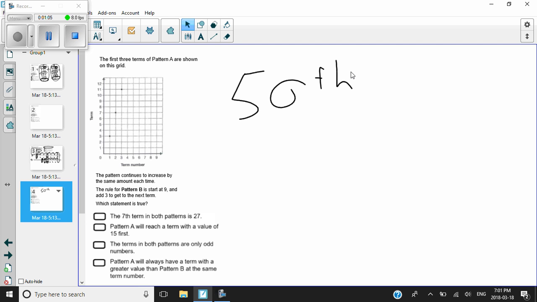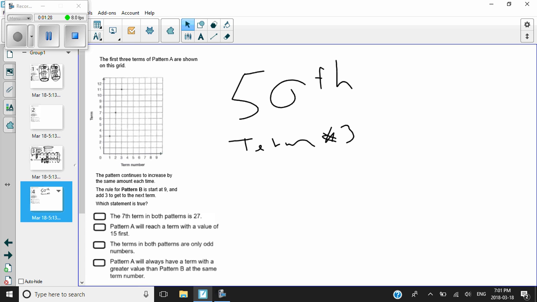So we can try a number of different things. We could try position number or term number. Term number times, let's say, term number times 3.